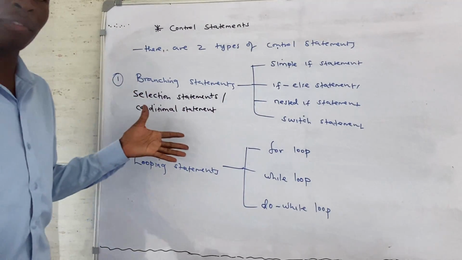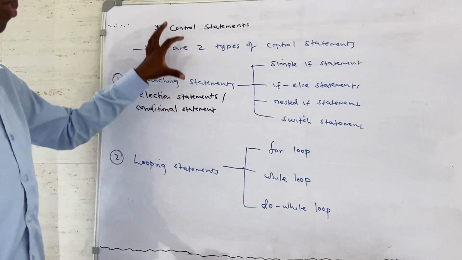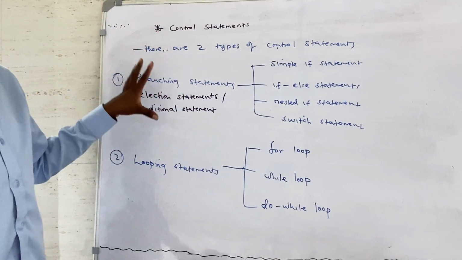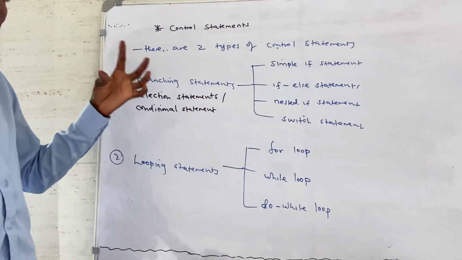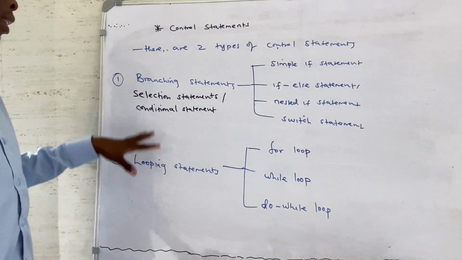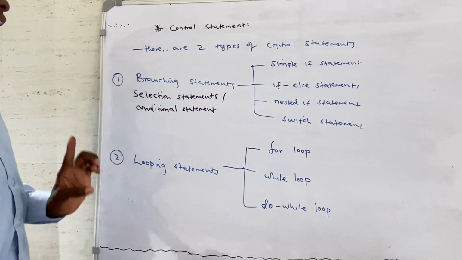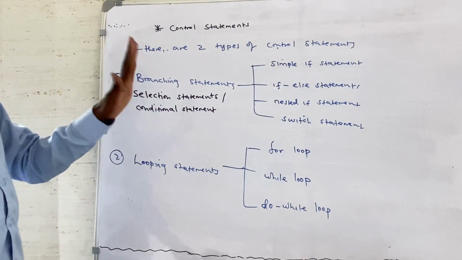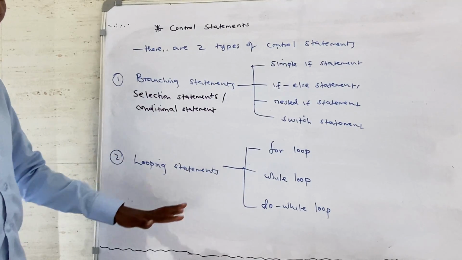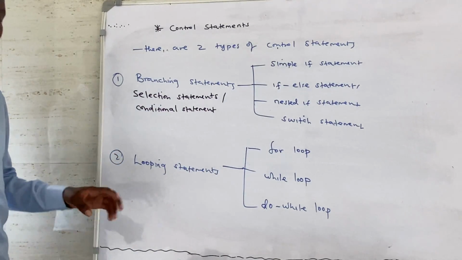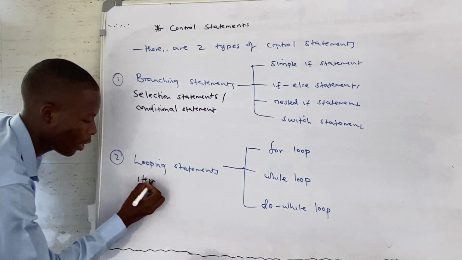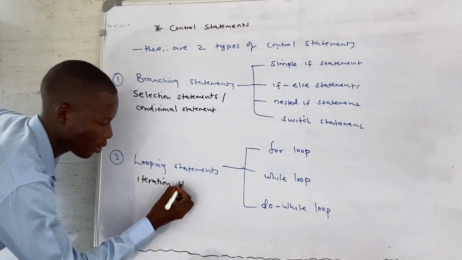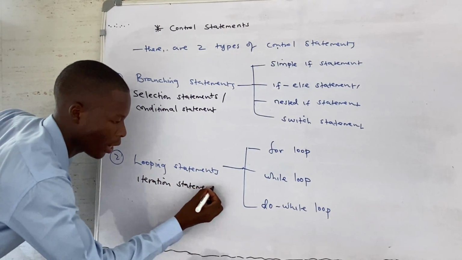Do you still remember the previous example? You want to print 2 out of those 3 statements. You are selecting them. That's why we call them selection statements or conditional statements. The looping statements are also called iteration statements.